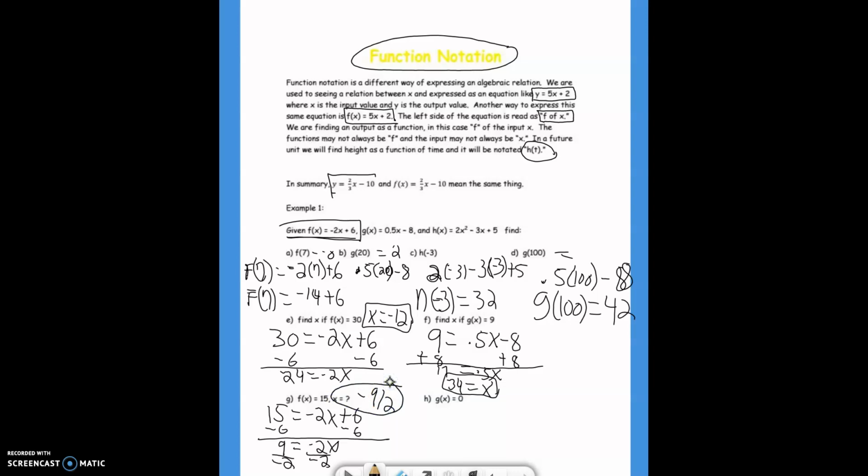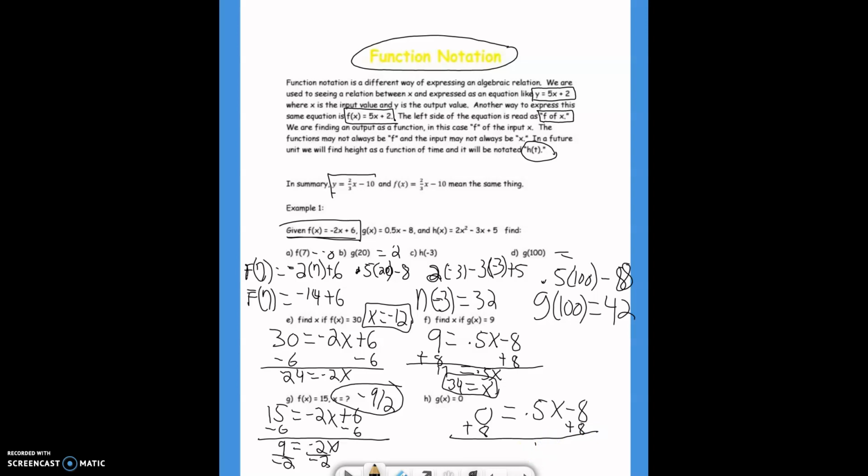And then the last one, g of x, is 0, so I will plug a 0 in for g of x. So 0 equals 0.5x minus 8. So I'm going to add 8 to both sides. So I'm going to get 0.5x equals 8.